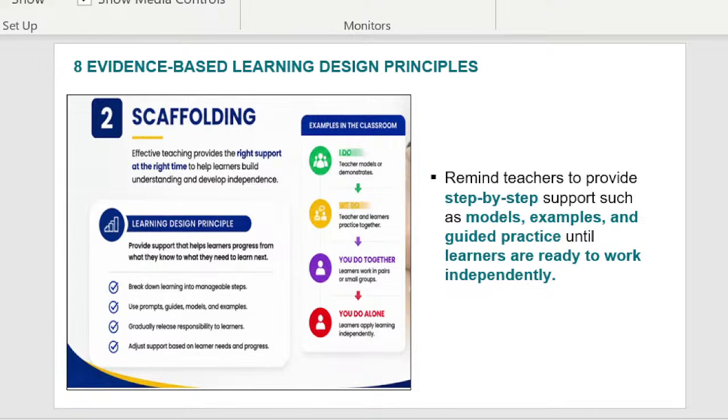That's scaffolding. The teacher provides the right support at the right time to help the learners build understanding and develop independence. This is also congruent with the zone of proximal development. Slow release. At the start, the teacher is guiding, then slowly releases the support until the learner is able to do it on their own.